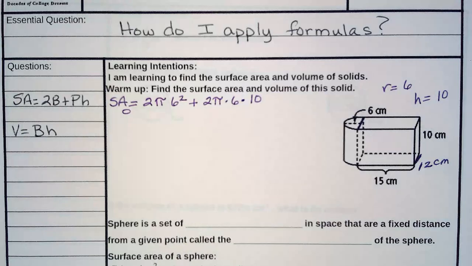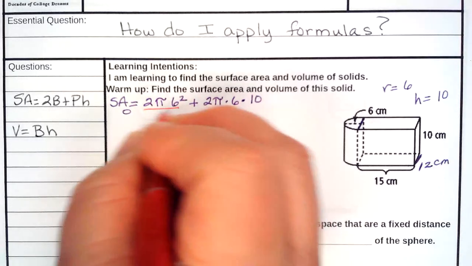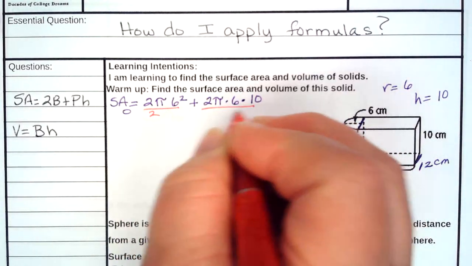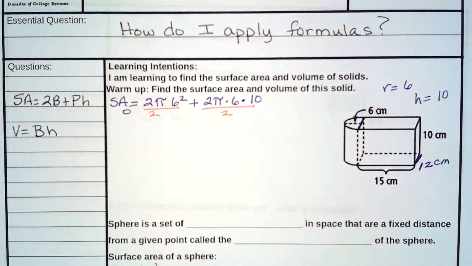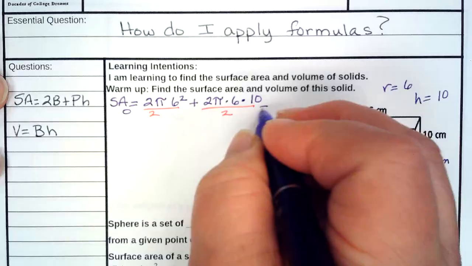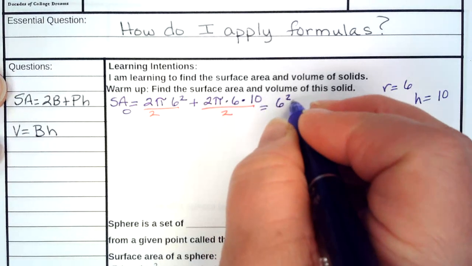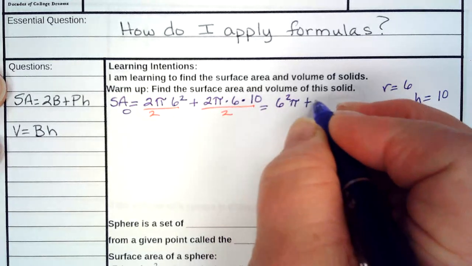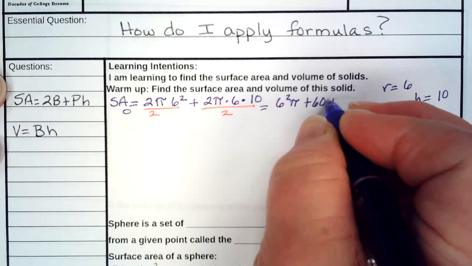Now that's if I needed the whole cylinder. But I don't. I only need half of it. So at this point, I can easily divide everything by 2. I get 6 squared pi plus 60 pi.